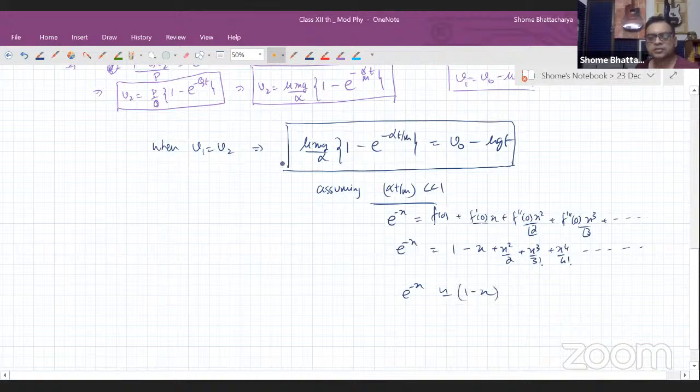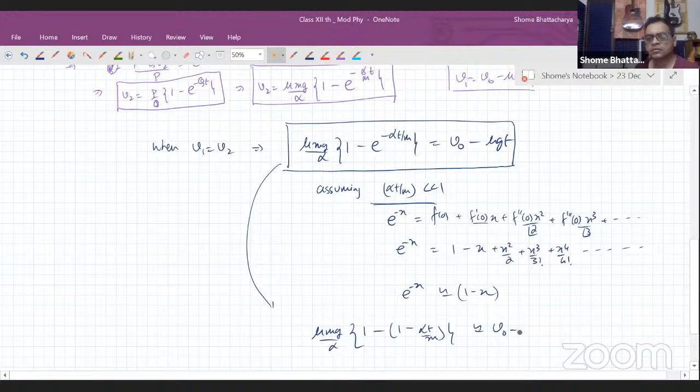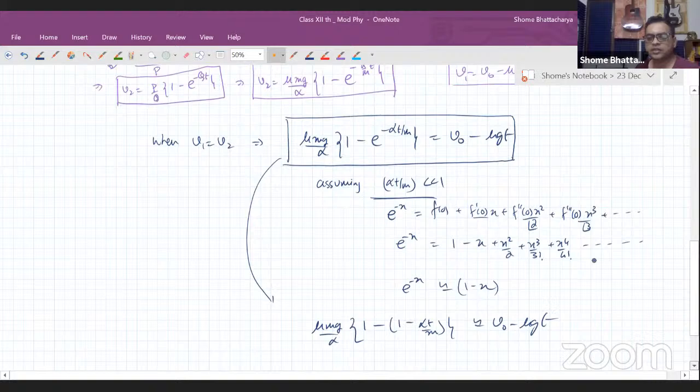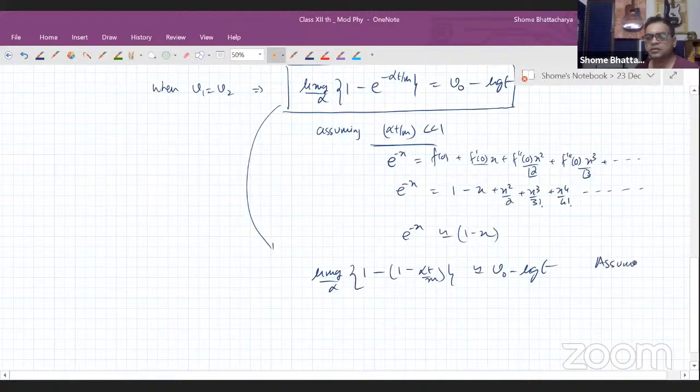We can neglect the higher terms. So if we can do that, then probably we can get away with this: mu m g upon alpha. But this is with the assumption that alpha t by m is very small compared to 1. So then we'll get this.